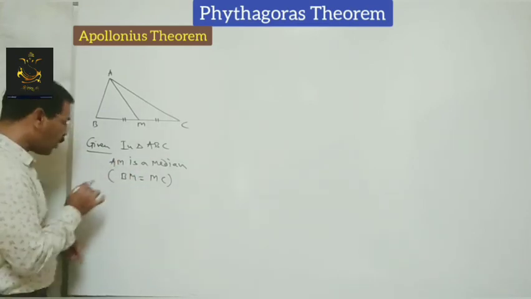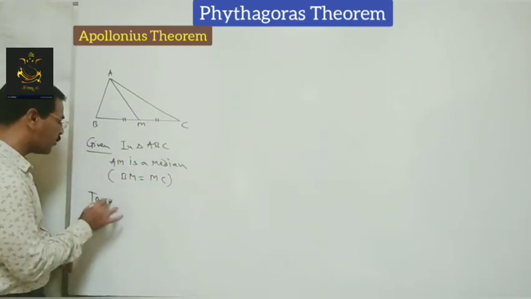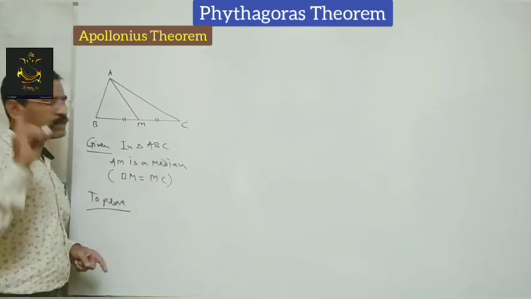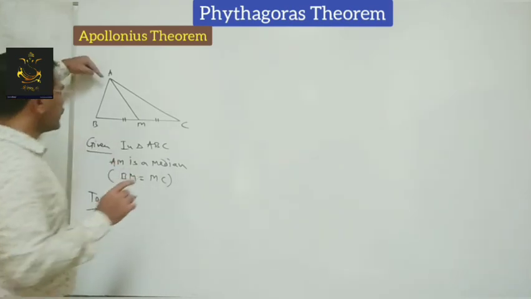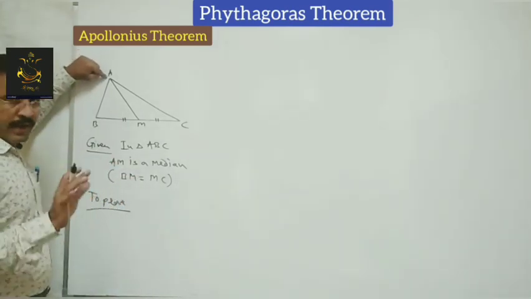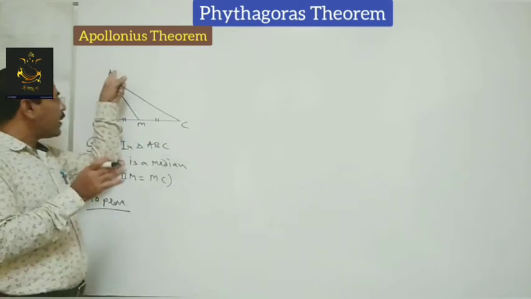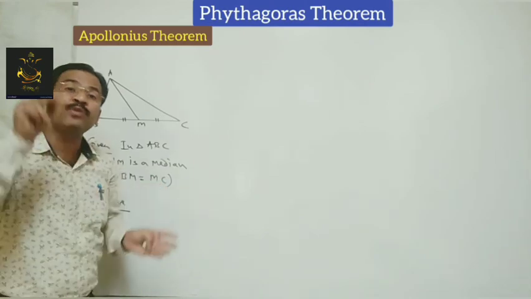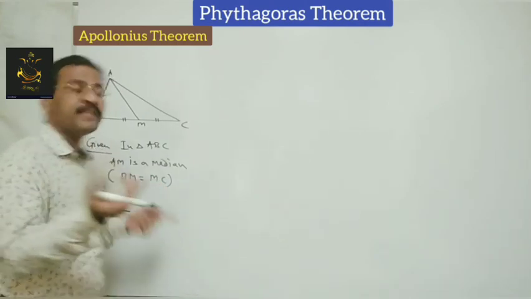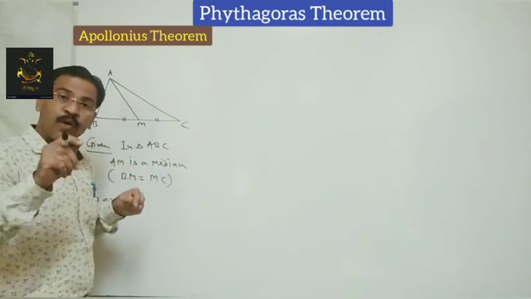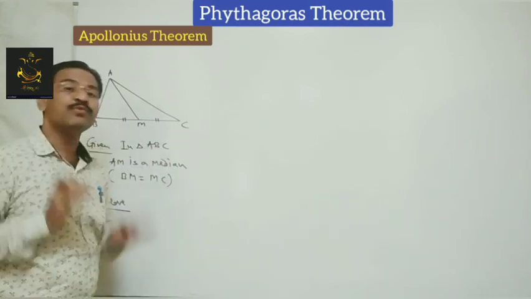Now, what we have to prove here? This is very important, just remember. The median came from which vertex here? A. Now, about this vertex A, there are two adjacent sides of that triangle, which are AB and AC. We have to take the sum of squares of these two sides.